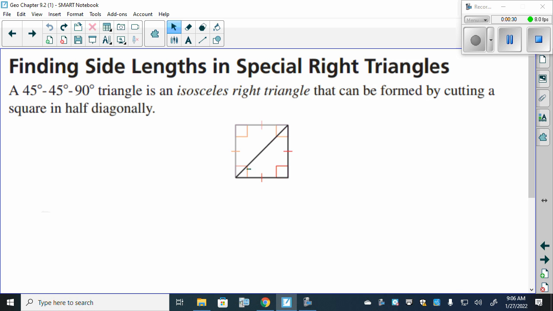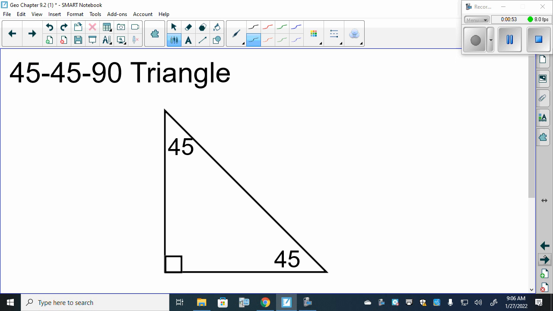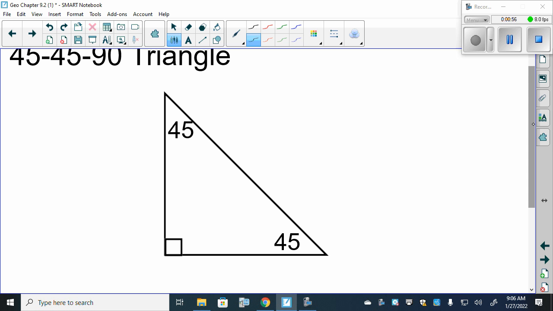The two angles are going to be 45 and 45, and it's going to have a right angle, which is why they call this a 45, 45, 90 right triangle. So we're going to be looking at these today.